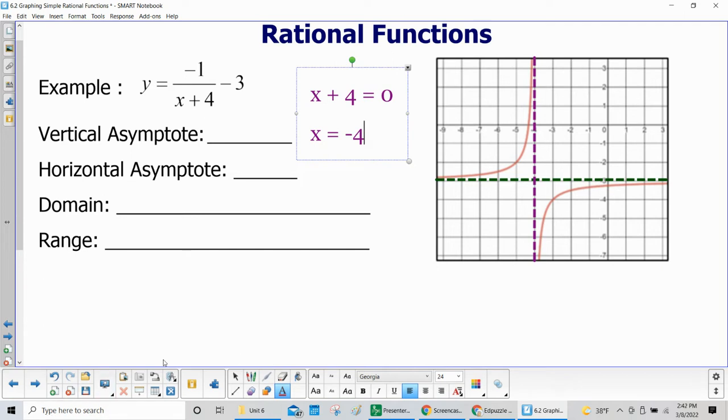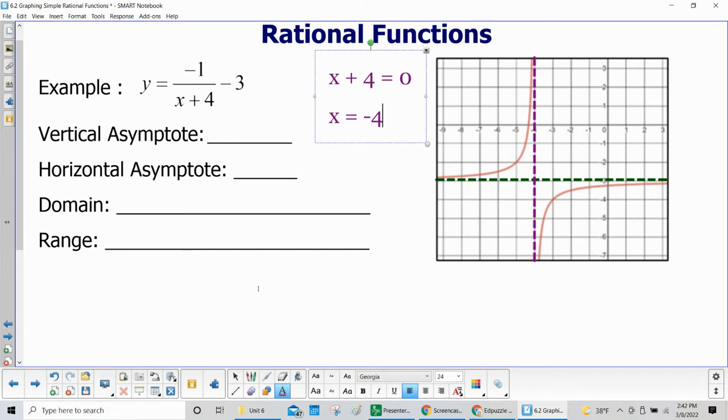And that, sure enough, is what my vertical asymptote will be: x equals -4. My horizontal asymptote is just the number at the end. That's just going to be my y, and my asymptote will just be y equals -3. And we can see that on the graph too here. y equals -3, x equals -4.